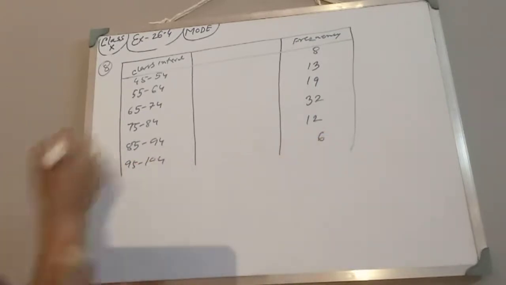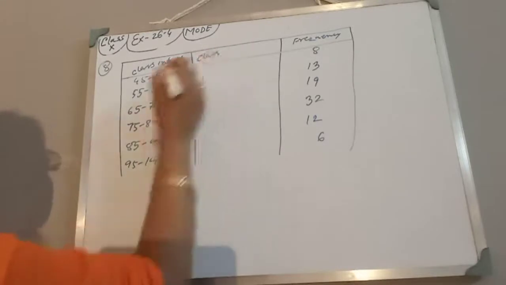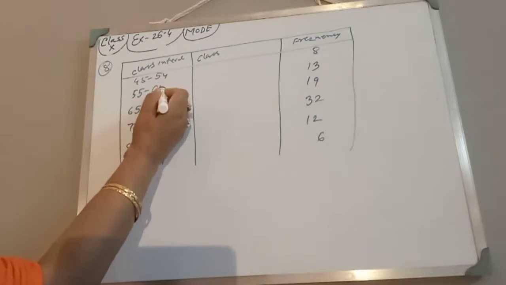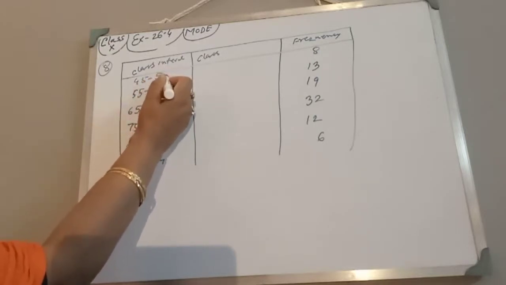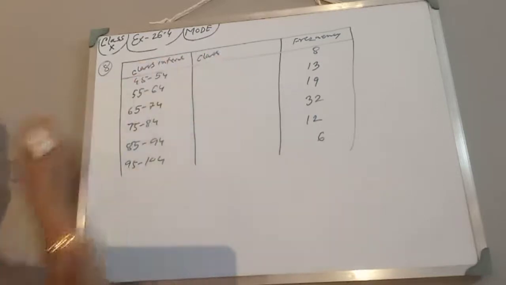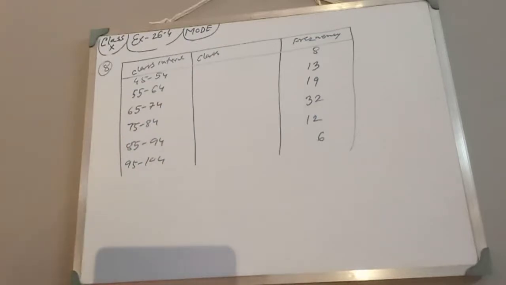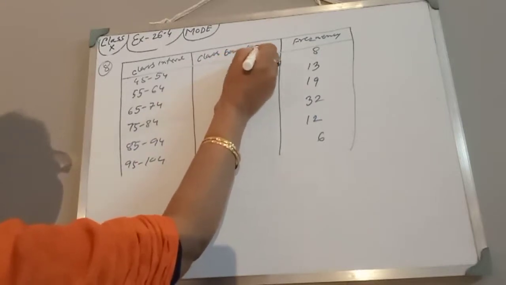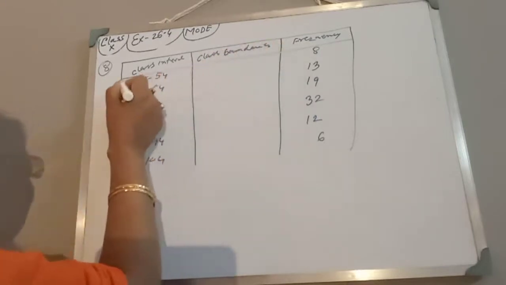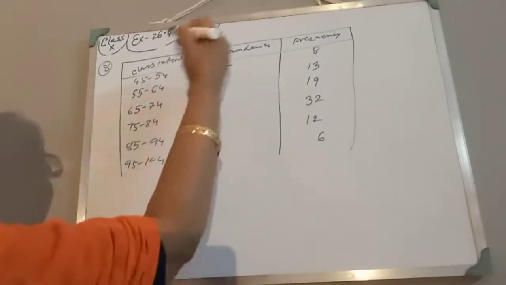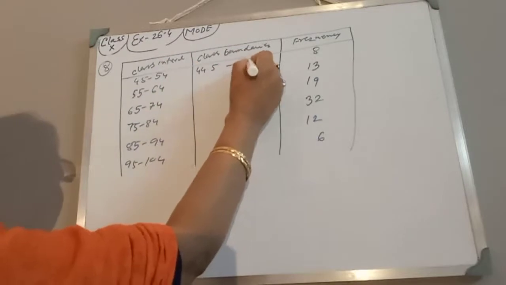Okay. Now we have to find class boundaries. Why? Because here 45 to 54, next is 55 to 64. Since the upper limit of the first class and lower limit of the second class are not matching, we have to match it. That is why we do this 0.5 adjustment that we already did in mean and median. Same thing here, class boundaries. That we know how to do. 0.5 less from 45, so it will be 44.5, and 0.5 more to 54, so it will be 54.5.